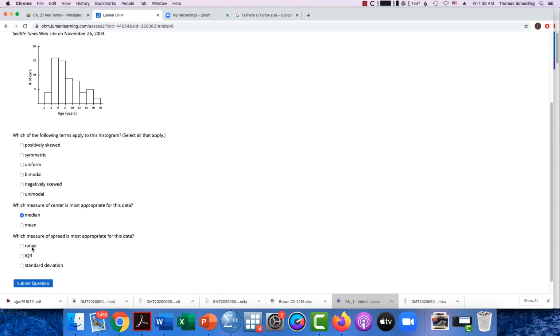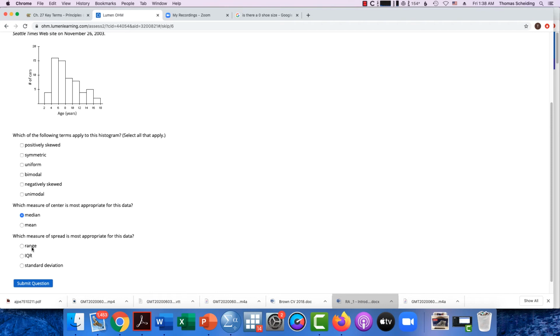The standard deviation is going to be how much is my deviation around the mean, how much is my spread around the mean, and my IQR is going to be my interquartile range. That's what the IQR stands for, and that's going to be the difference between my Q3 and my Q1.